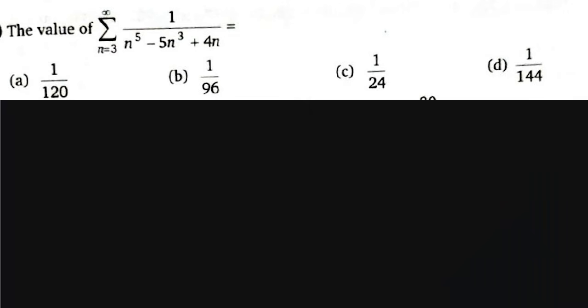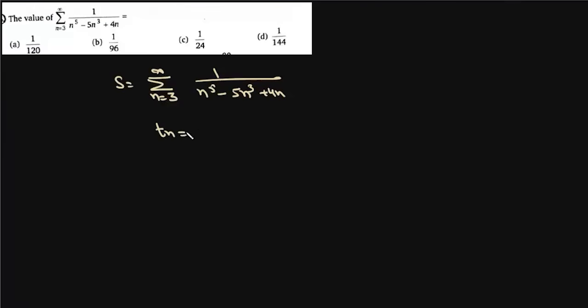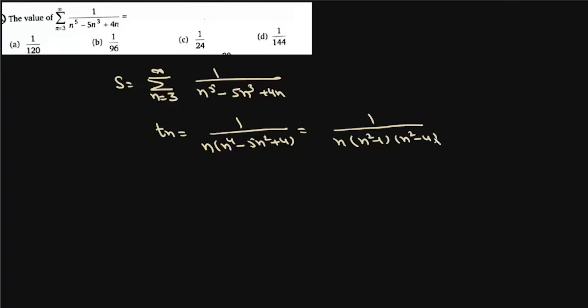Now here the question is, we need to find the value of this summation, n varies from 3 to infinite, 1 upon n to the power 5 minus 5n cube plus 4n. So its general term, or its nth term, will be 1 upon, we'll take n common, n to the power 4 minus 5n square plus 4, which we can also write as n into n square minus 1 and n square minus 4.